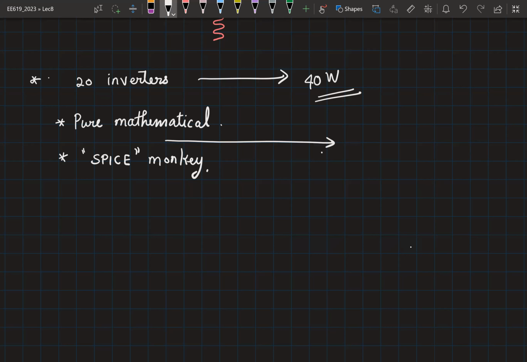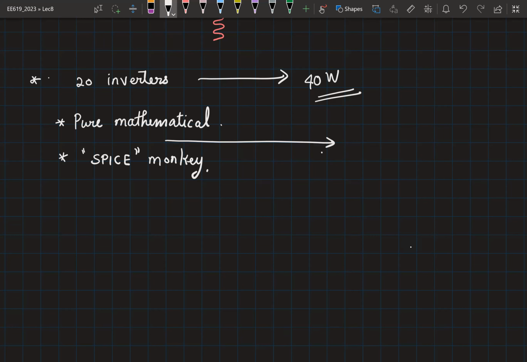And then you will also know in which direction you have to move each W, whether to increase or decrease it, and you'll roughly know the amount by which the change has to be made. And you will also know the pain points or failure points for the circuit. As your experience increases, you will be able to predict all of this even before you run your first simulation. And then you will run the simulation and verify your hypothesis.